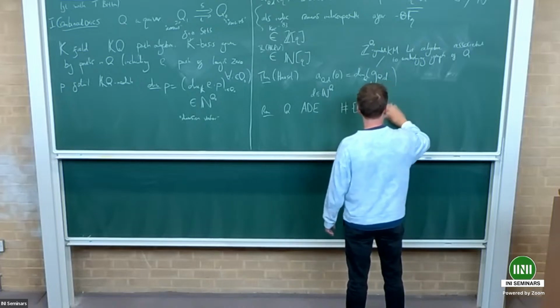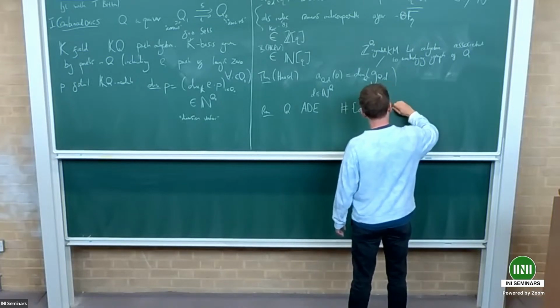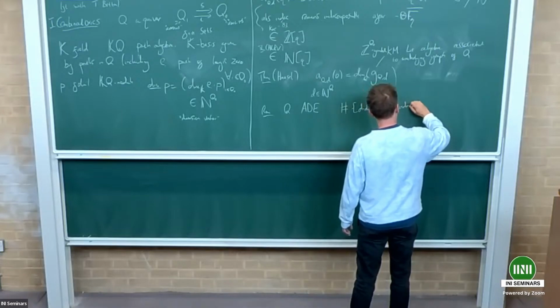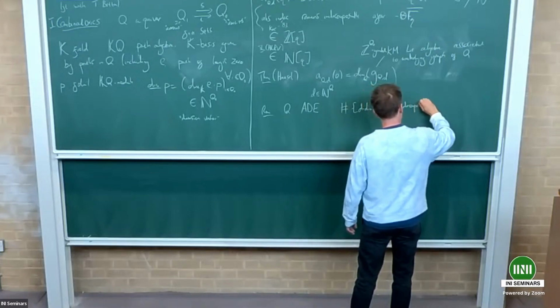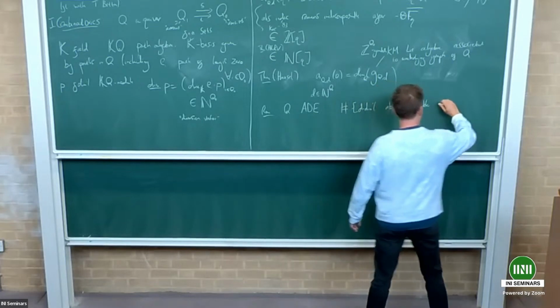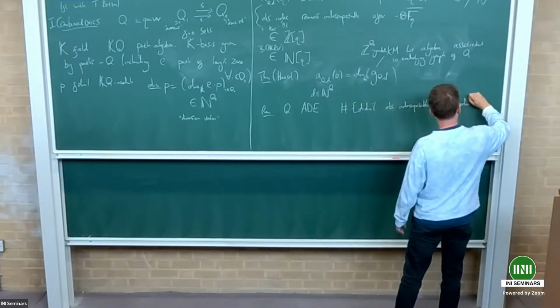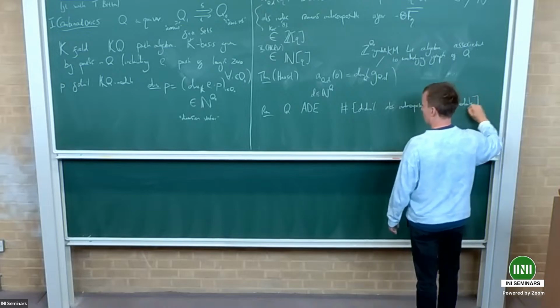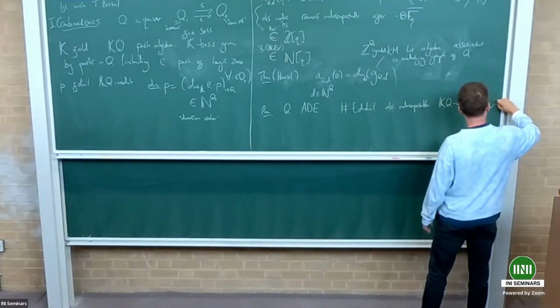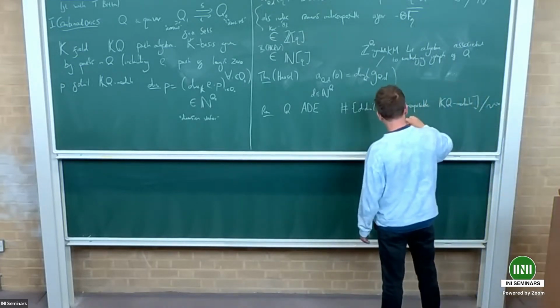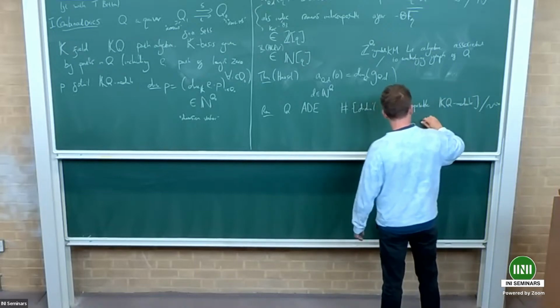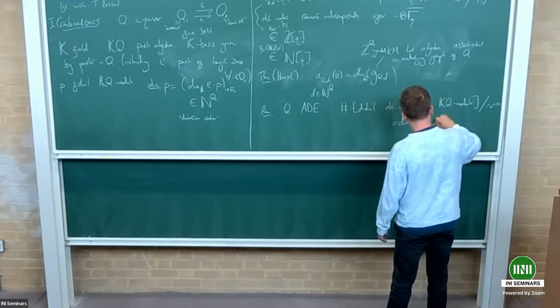indecomposable, or equivalently absolutely indecomposable KQ modules up to iso. This is equal to the dimension of this graded piece of this Lie algebra.